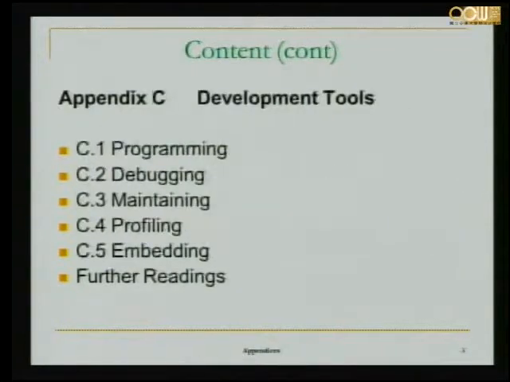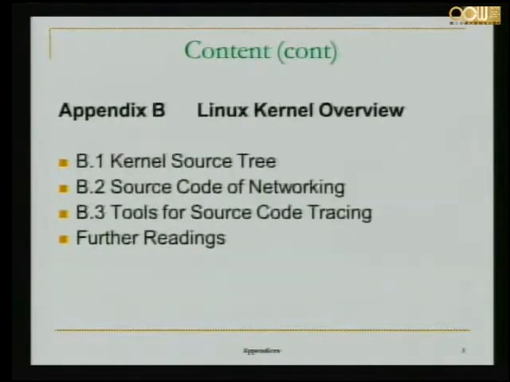And appendix B, C, D are technical. Appendix B tells you about the Linux kernel. It gives you a kernel overview on the source code, the kernel source tree, and the source code of networking. Remember that networking accounts for 1/5 of the kernel.